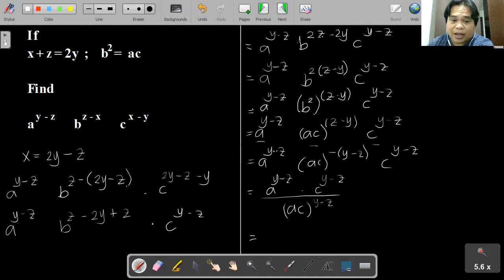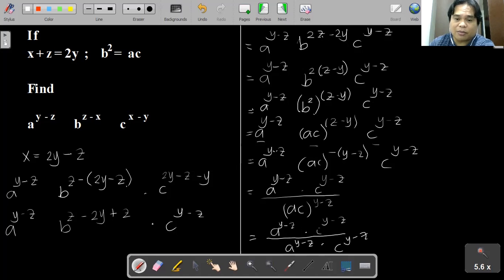So again, by employing the law of exponents, I can just distribute this exponent to each of the factors below. So it becomes a to the power of y minus z times c to the power of y minus z.